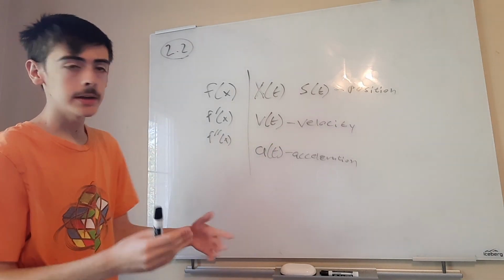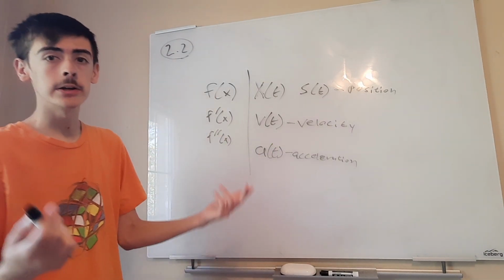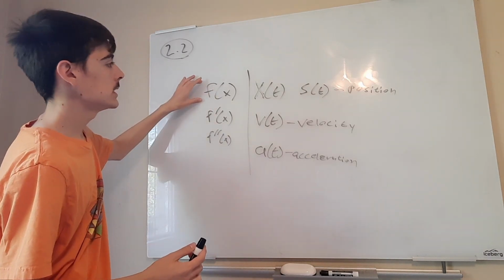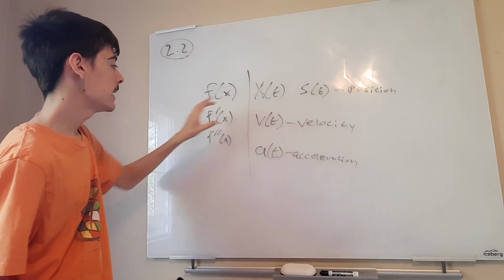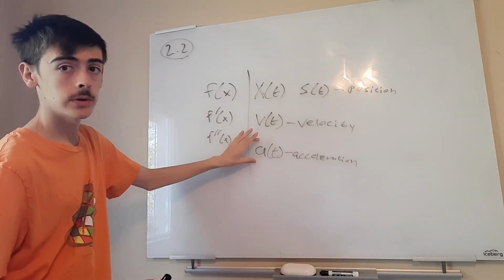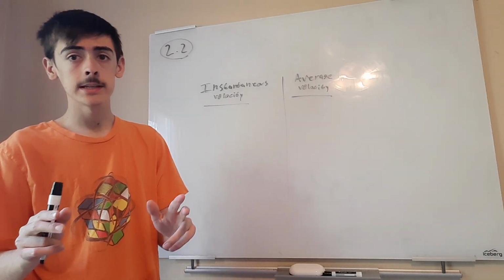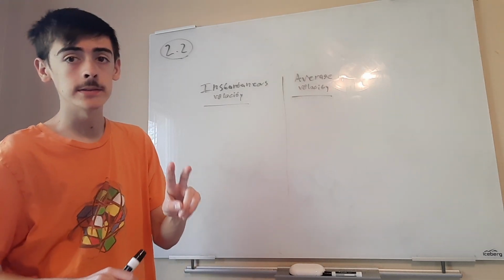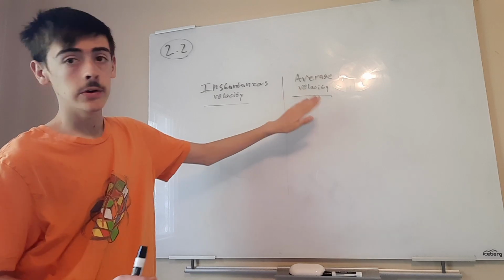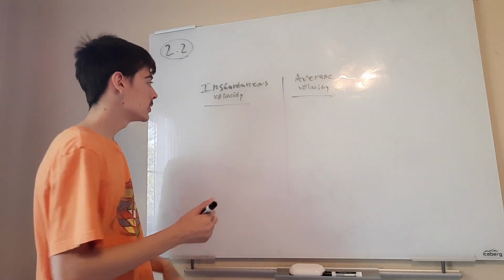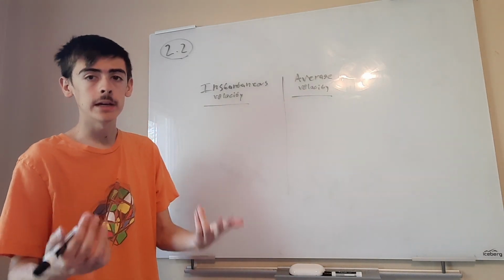So it's the same kind of functions we've been working with, they're just under a new name. Your main function is going to be position, your derivative is going to be velocity, and your second derivative is going to be acceleration. All right, now velocity is actually interesting because there are two kinds of velocities we think about. There is instantaneous velocity and there is average velocity. So instantaneous velocity, we're going to be thinking about one time.